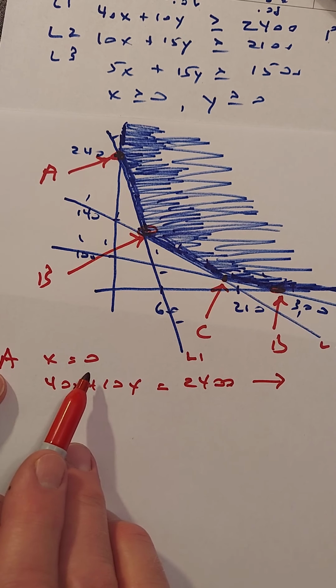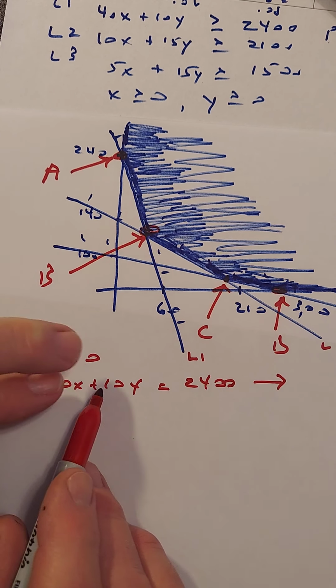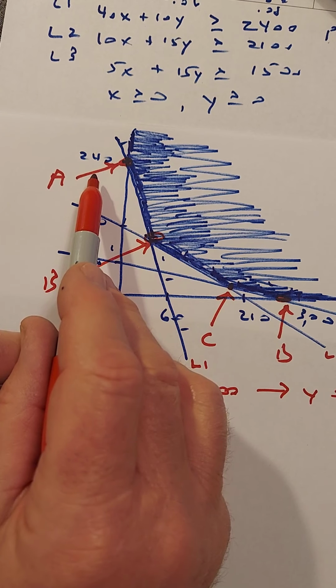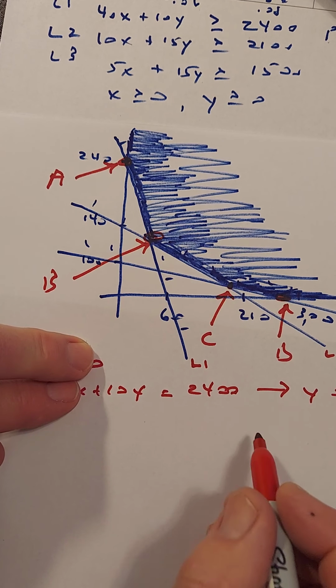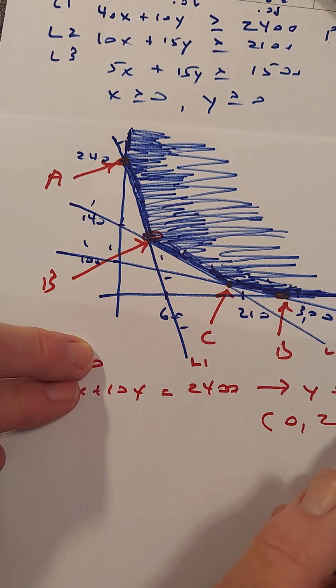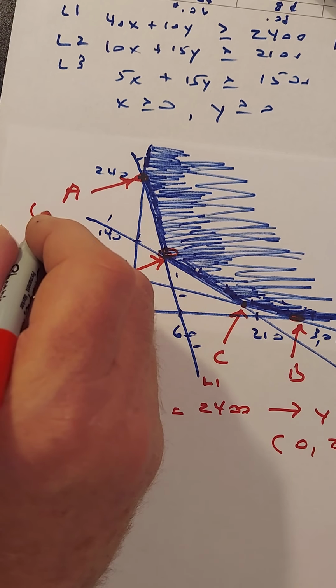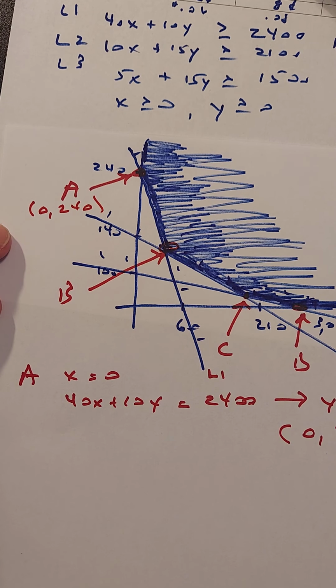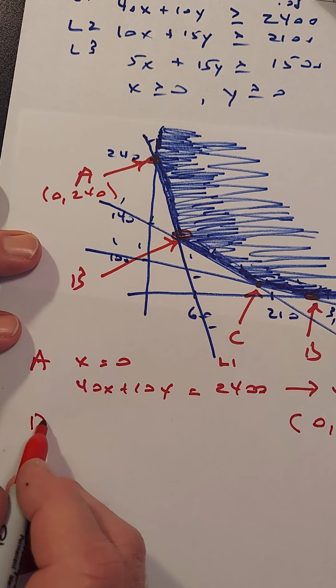So if x equals 0, I get 10y equals 2400. That means y equals 240. But I kind of knew that because that was my intercept right there. So that's the point 0, 240. I'll put it up here also: 0, 240.